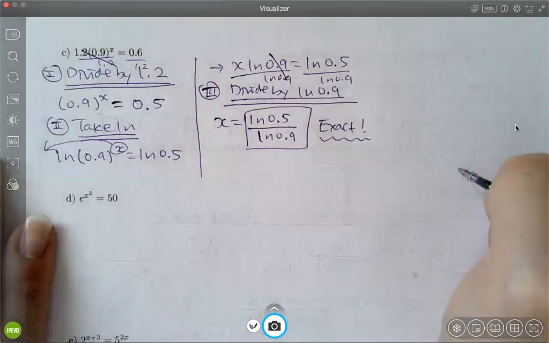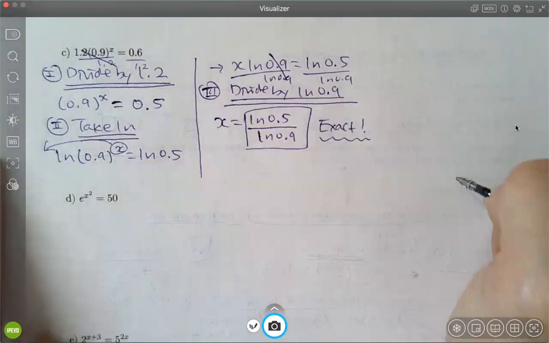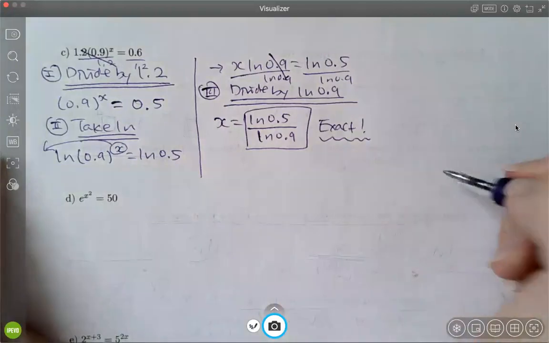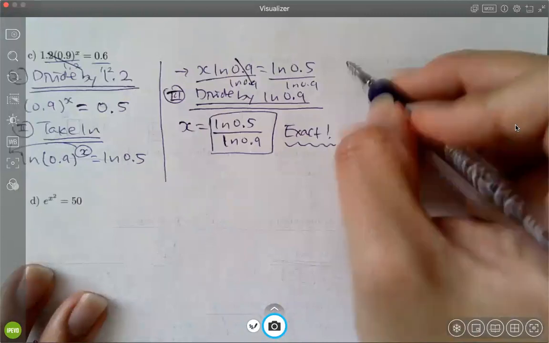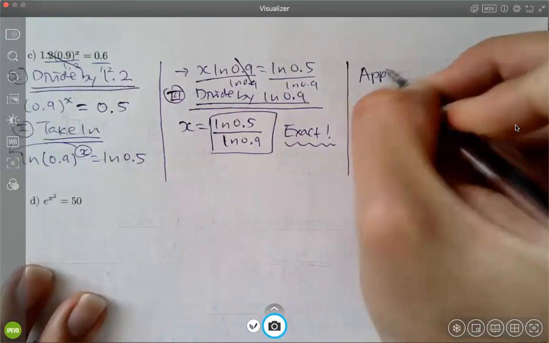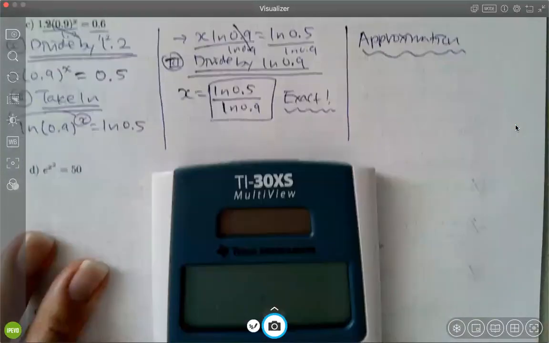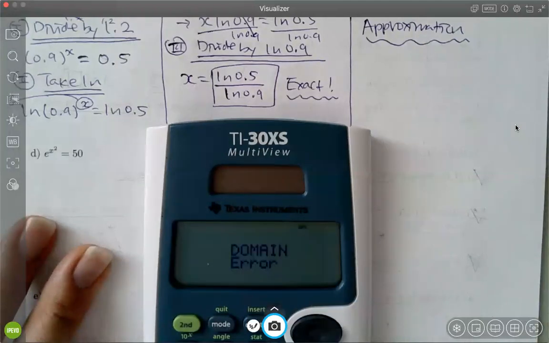And now can you get the approximation from here? Yeah, so what do you do? Just put this number into the calculator, right? Okay, so approximation. What is the approximation? So ln 0.5 and then divided by ln 0.9.